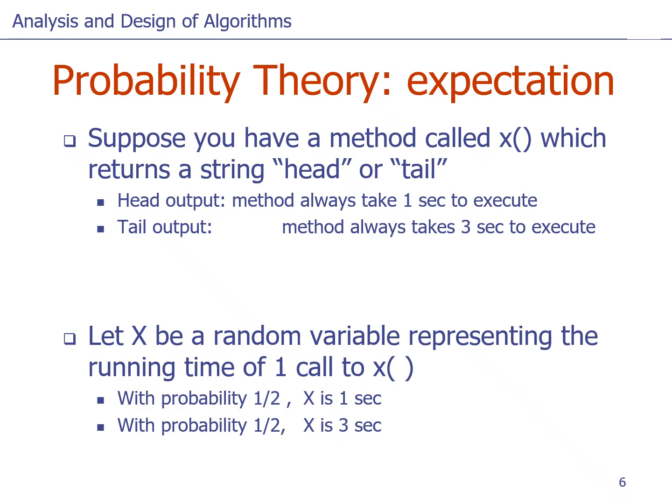This method internally is using some kind of random process, so I'm going to think of it as a function that involves randomization. To talk about its performance, since I know it's using randomization, I have to introduce what are called random variables into the scene. So I will use capital X to be a random variable representing the running time of one call to X.